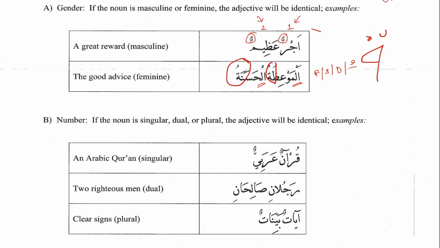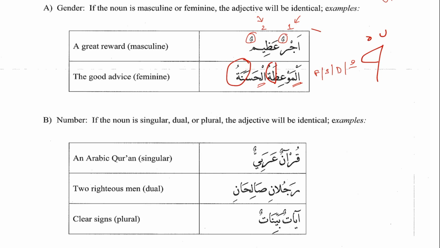Some other examples. In these examples, the number part will be much more highlighted, like Qur'anun Arabiyyun. So a Quran which is Arabi, which is in Arabic. So an Arabic Quran. This is what it means.